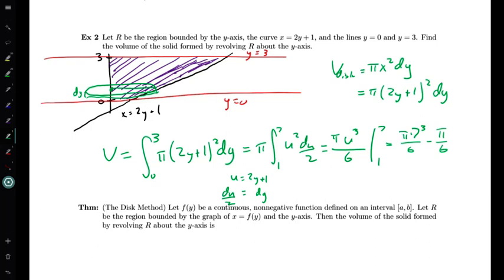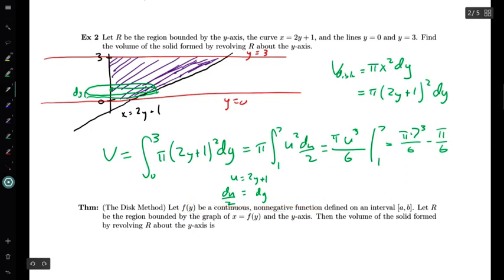All right, so let's go ahead and again state this process that we just did with revolving about the y-axis instead of the x-axis. As I mentioned earlier, it's very symmetric to the case in which we're revolving about the x-axis. So we're going to let f of y be a continuous non-negative function.